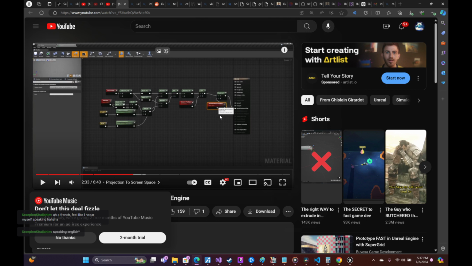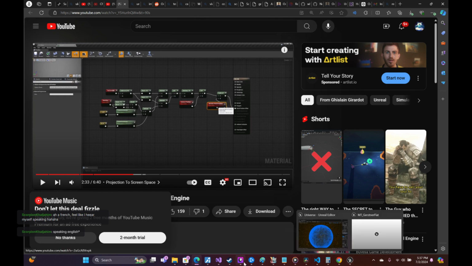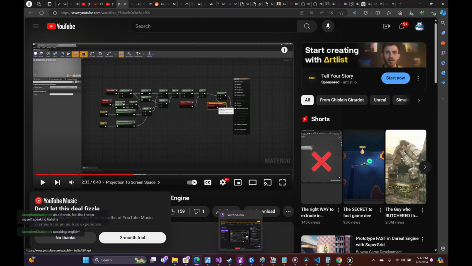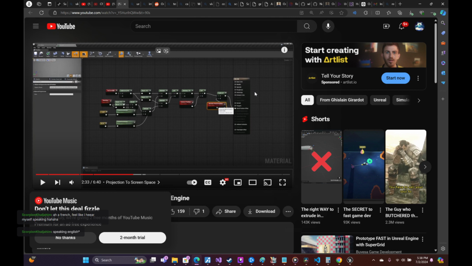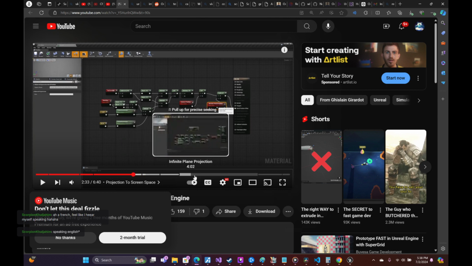We can't exactly use that, but in some of our code for the atmosphere shader, we do a bunch of sphere traces. Let me see. Yeah, here we go.